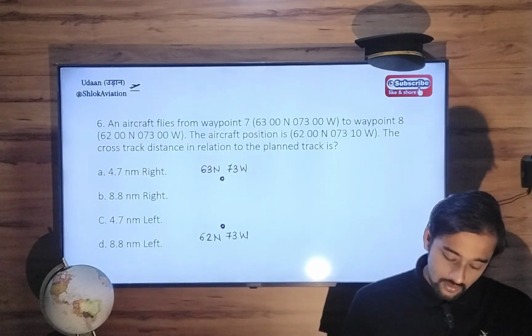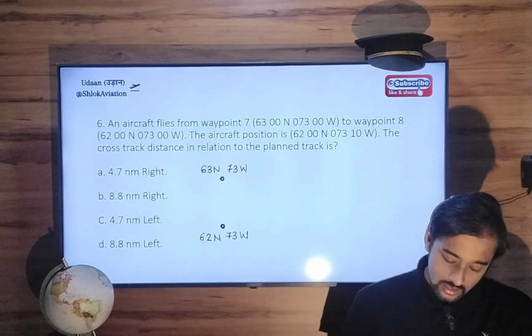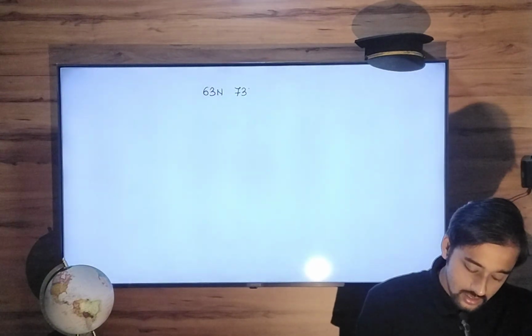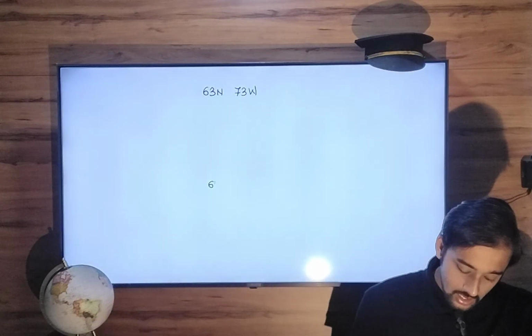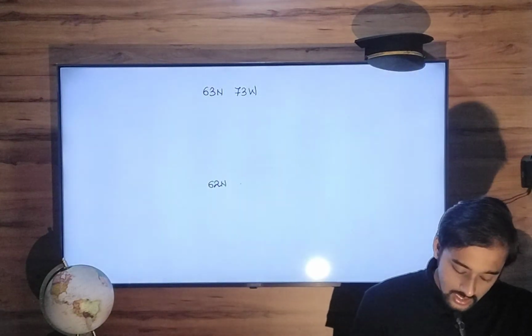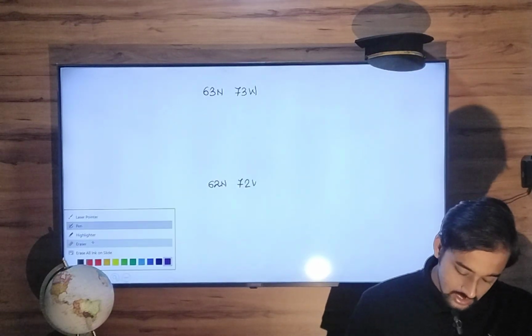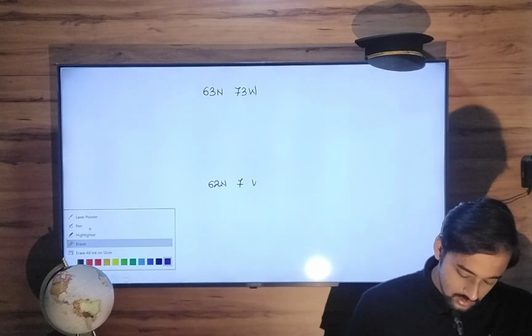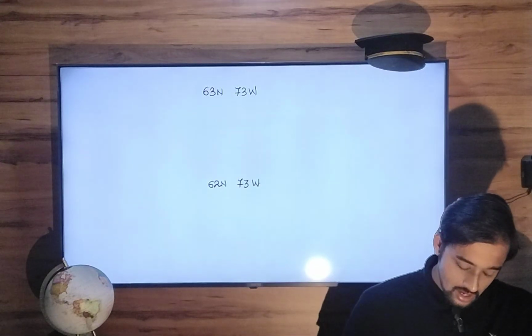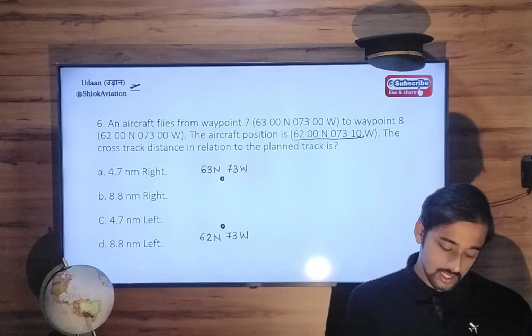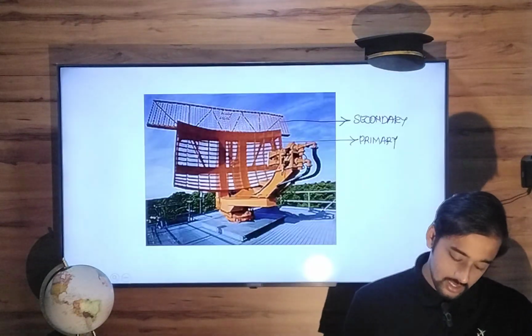And currently the aircraft is at 62 north, 73 west, 10 minutes. So I'll draw it here. 63 north, 73 west, 62 north, 72, correction, 73 west. The aircraft is at 62 north, 73 degrees 10 minutes west.